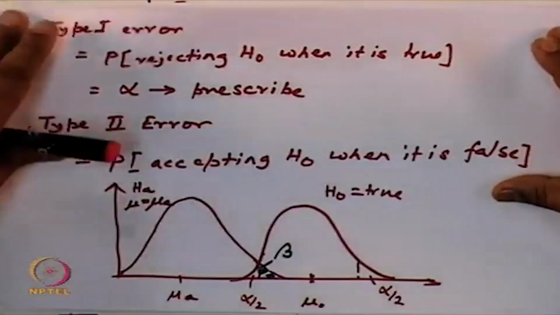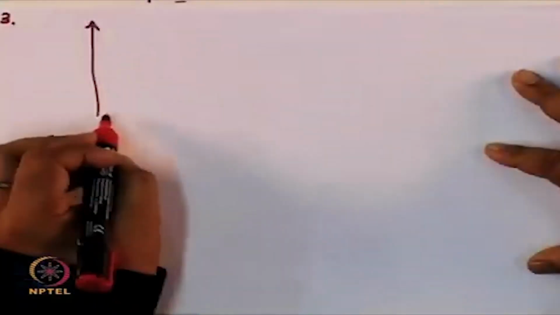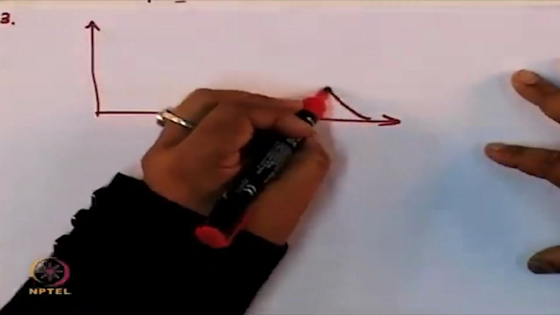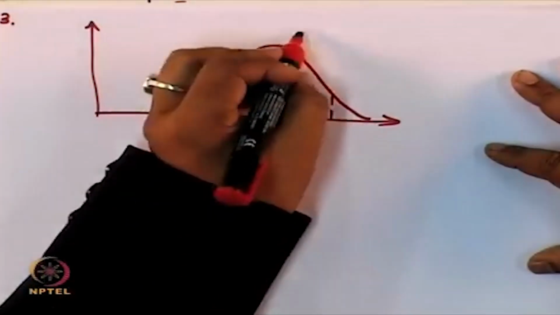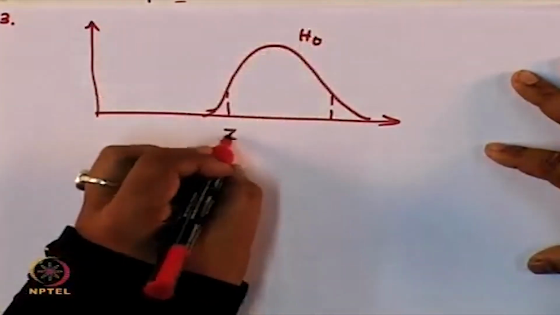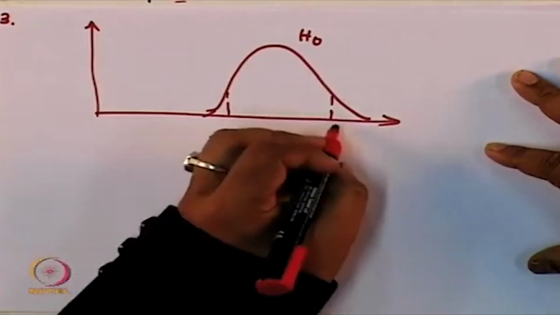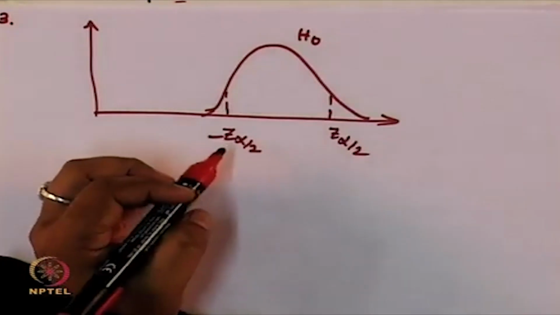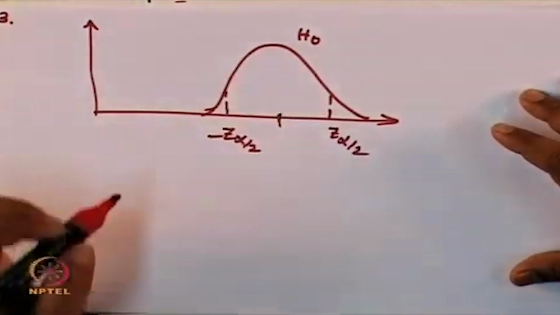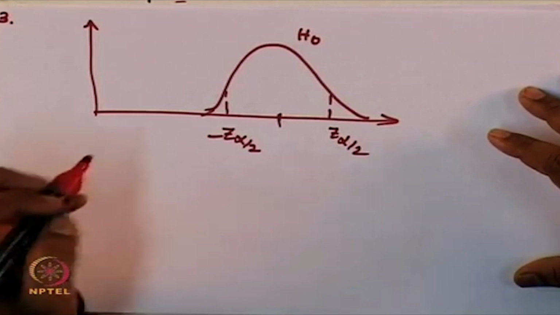So, how do you calculate beta? For your H naught, you calculate minus z of alpha by 2 and z of alpha by 2, and you know what the confidence interval is.